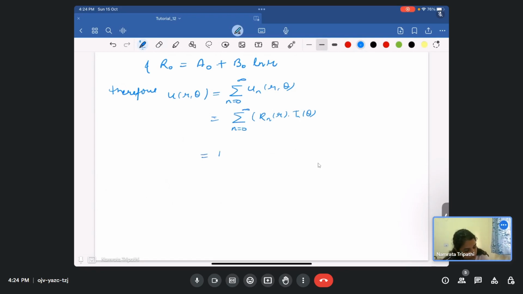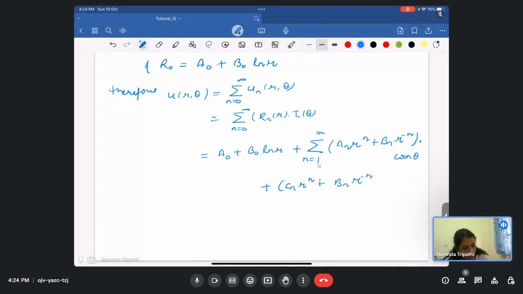So for n equal to 0, we have a naught plus b naught ln r, plus the rest of the terms, into cos of n theta plus, because we have two eigenfunctions cos n theta and sin n theta, so I am writing the linear combination of these.